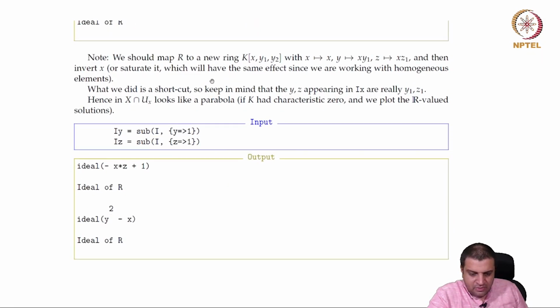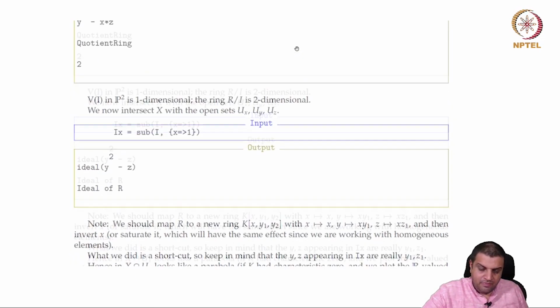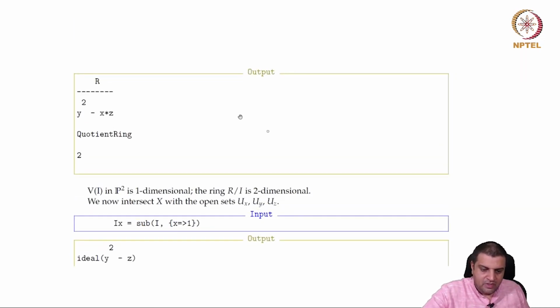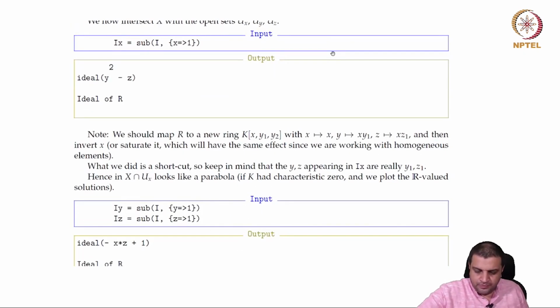We can similarly do Iy, in which we divide the polynomial by y and then remove that part, and so it would be xz minus 1, or 1 minus xz. So it's just like setting y to 1.